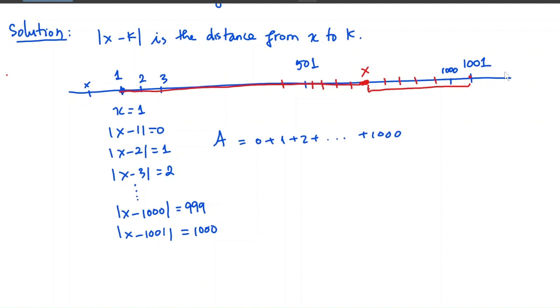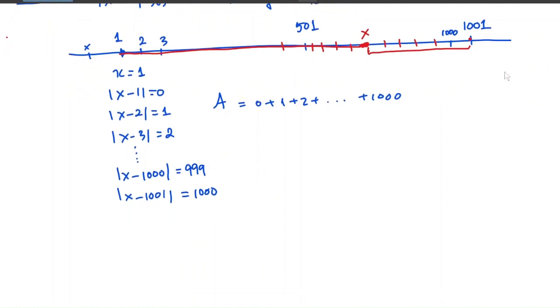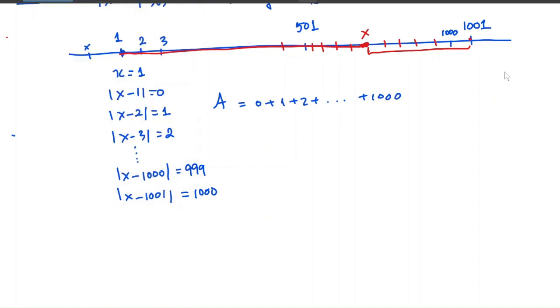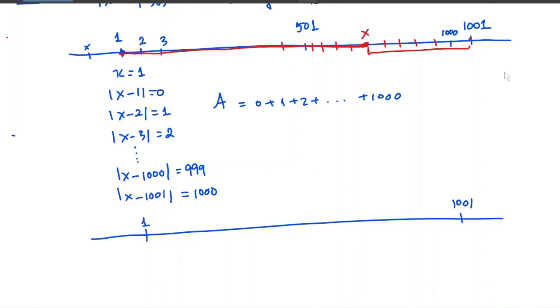So with that observation, let me try this one again. We have 1001 here, we have 1 over here, and then we have 501.